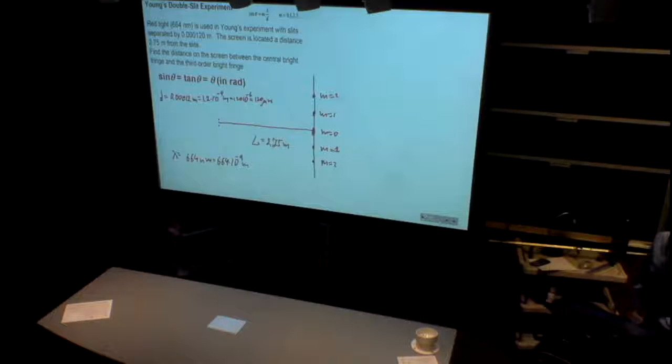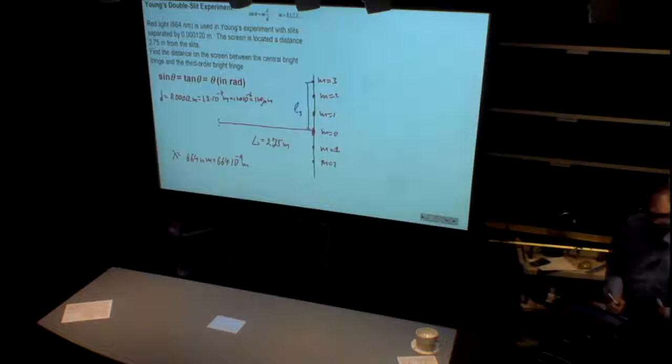Calculate the distance on the screen from the central fringe to the third order. We need the third one. And we are looking for this distance. We call it normally L3.